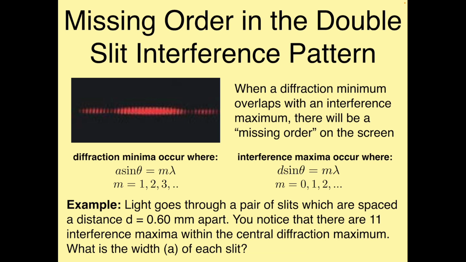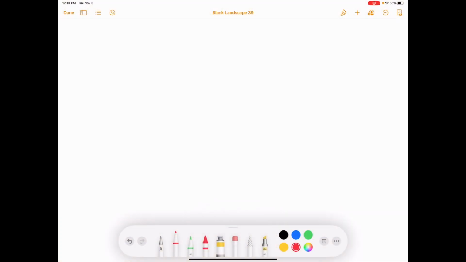So let's work it out. Let's start by drawing the actual pattern. We have a very bright spot at the center. That would be the m equals 0 interference max. And then on either side of that, we'll have a bunch of other secondary maxima.